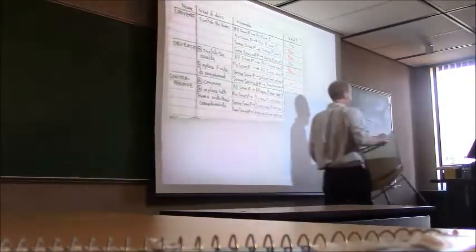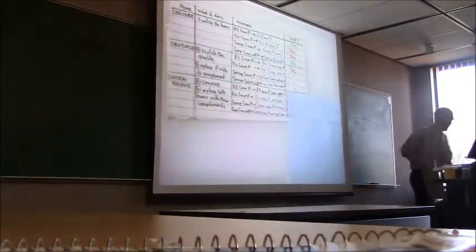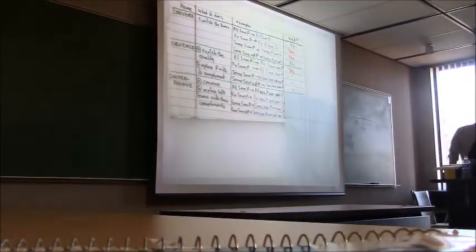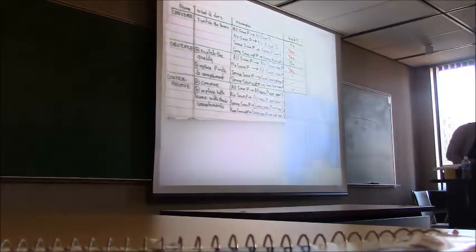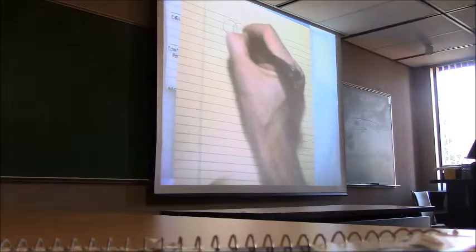If I'm going to draw the Venn diagram of a categorical proposition, and I don't even know what the categorical proposition is yet, I can still draw what? Two circles. What about the two circles? They overlap, yes. So two overlapping circles.